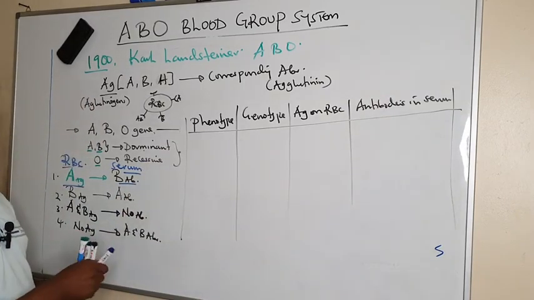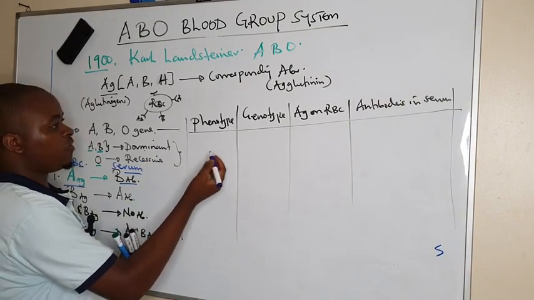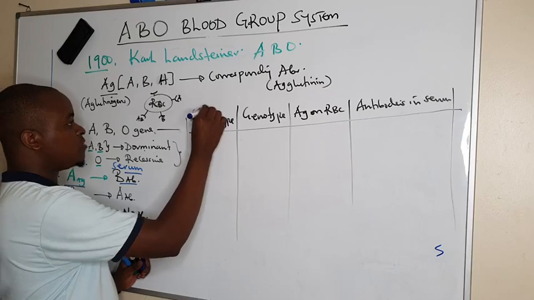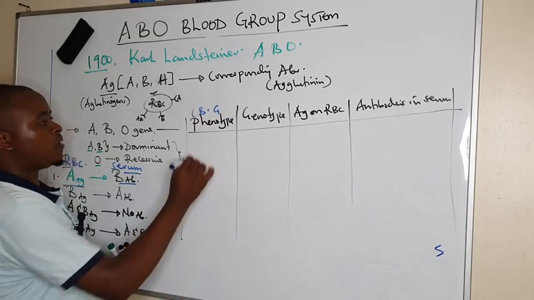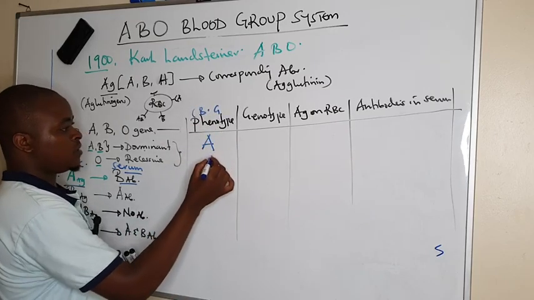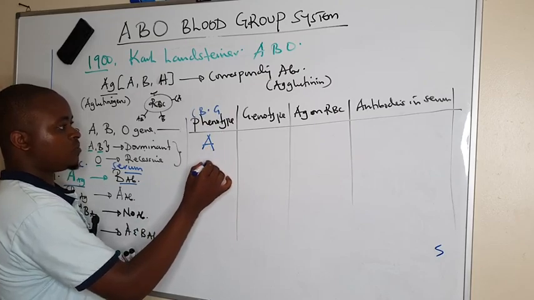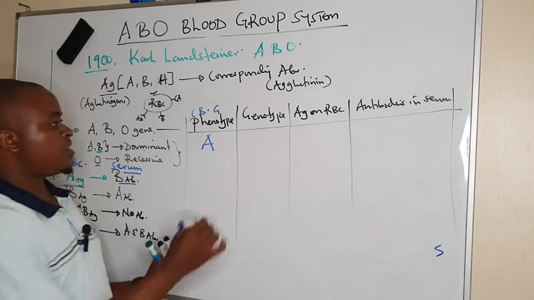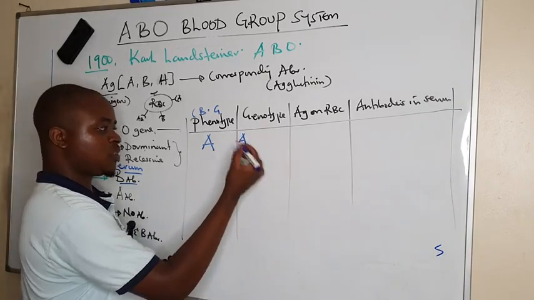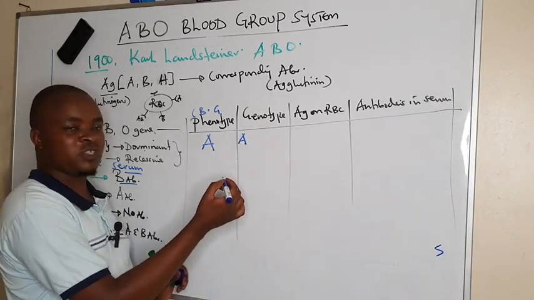Individuals with a blood group phenotype represent what we call the blood group. So if someone has blood group A, their genotype, these people inherit two genes. We said there must be two genes, one from each parent.